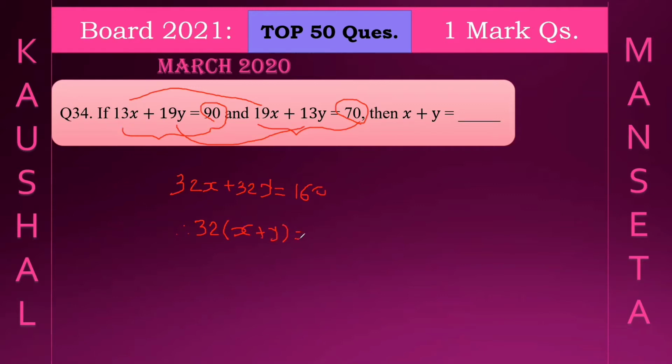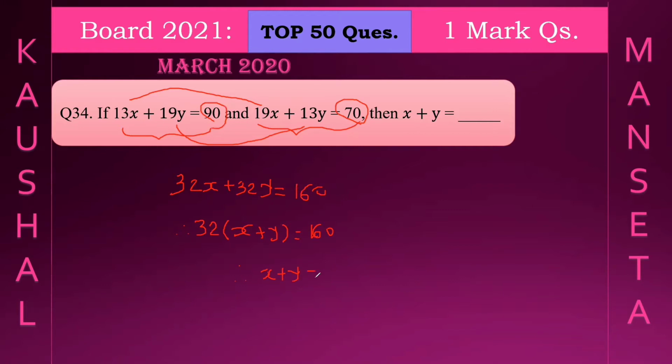This is the simplest way to find x plus y. You can also use the elimination method and find x and y individually and then add, but it's a very long method, so we can find it easily from this method. So x plus y equals 160 upon 32.